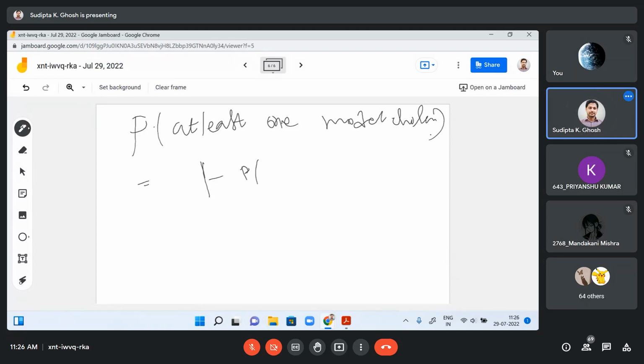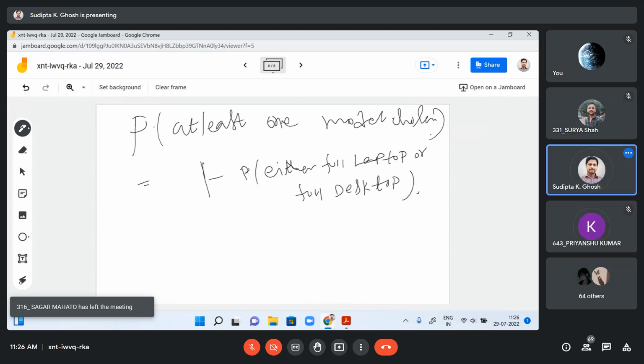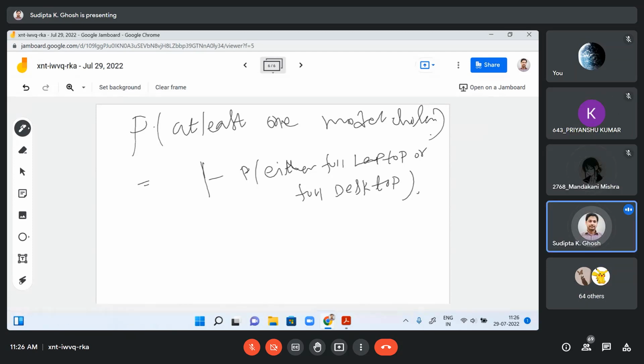It means either full laptops or full desktops. Am I correct? Yes, sir. Either full laptop or full desktop.